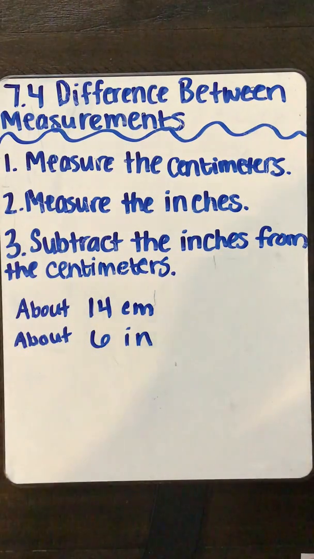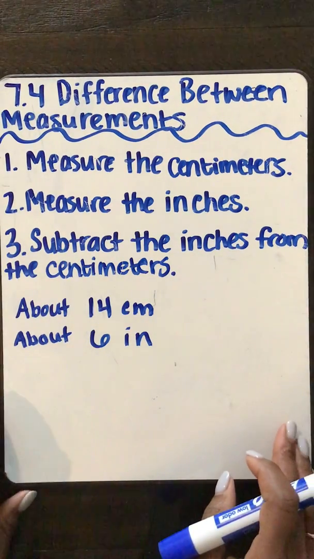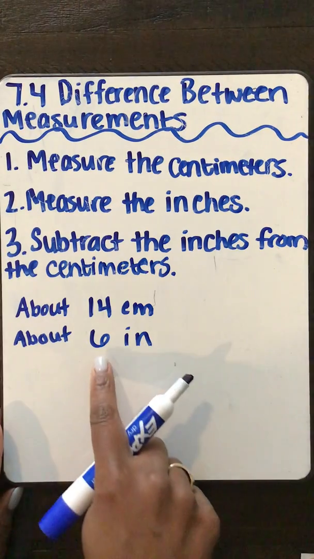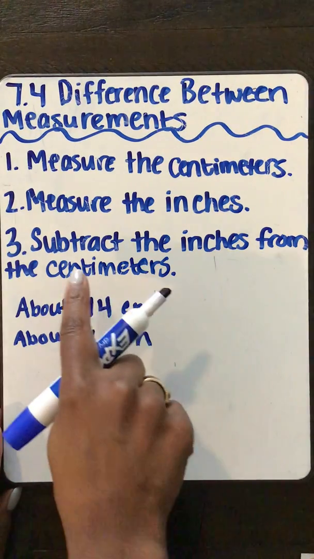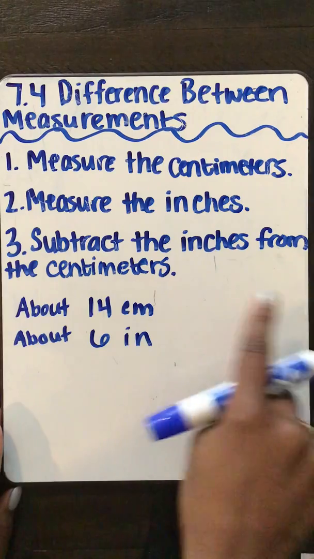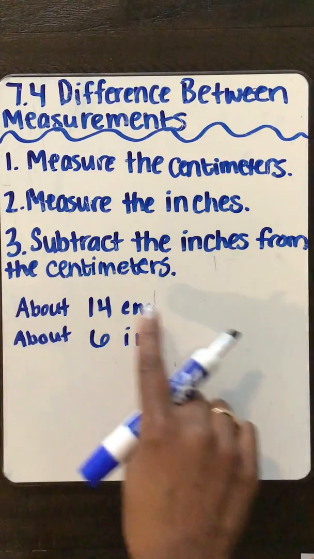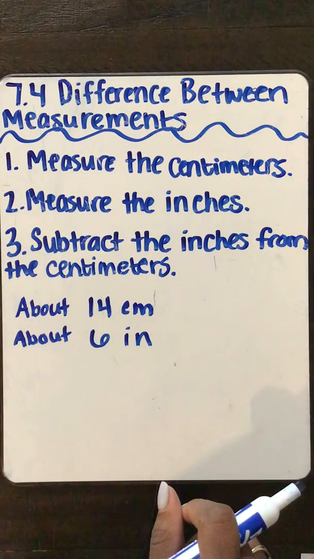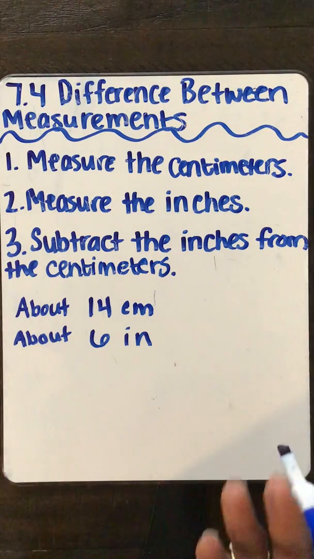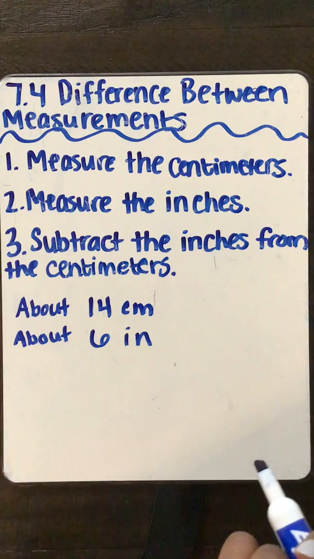Now I'm going to subtract. So I am going to subtract 6 from 14. I'm subtracting the inches from the centimeters. You got it. So we know our different methods that we can use for subtraction.